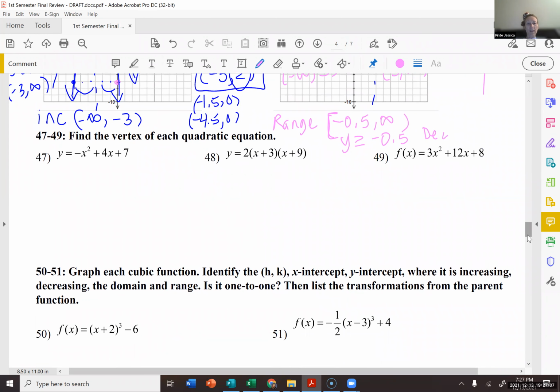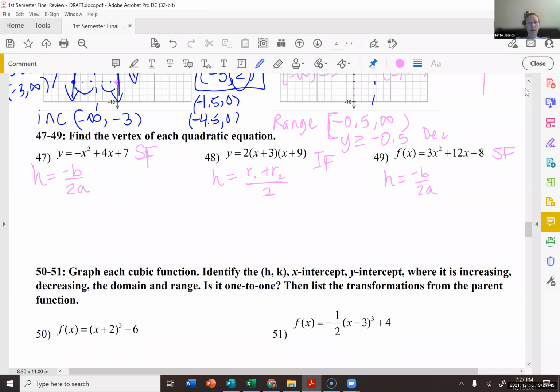So looking at 47, 48, and 49, I'm looking to see which form they're in. 47 is standard form, so I'm going to use h is equal to -b over 2a. 48 is in intercept form, so that's going to be h is equal to r1 plus r2 divided by 2. 49, hello, that's standard form, and that's going to be h is equal to -b over 2a.